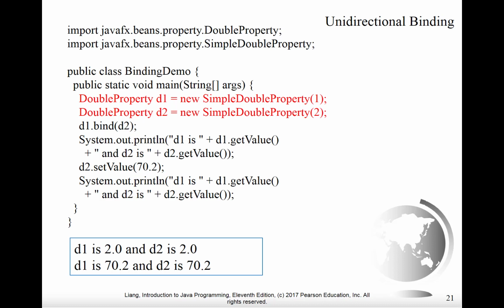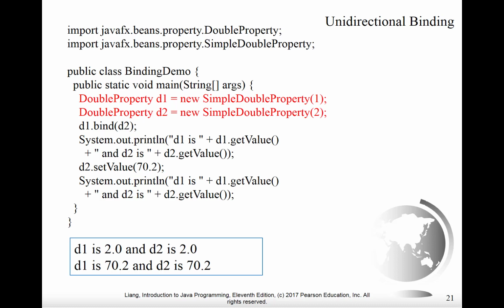Notice that when we call the constructors for simple double property, we're passing an argument of 1 in the case of d1 and an argument of 2 in the case of d2. So d1 is a double with a value of 1.0, and d2 is a double with a value of 2.0. But they're not doubles, they are simple double properties, which are different.